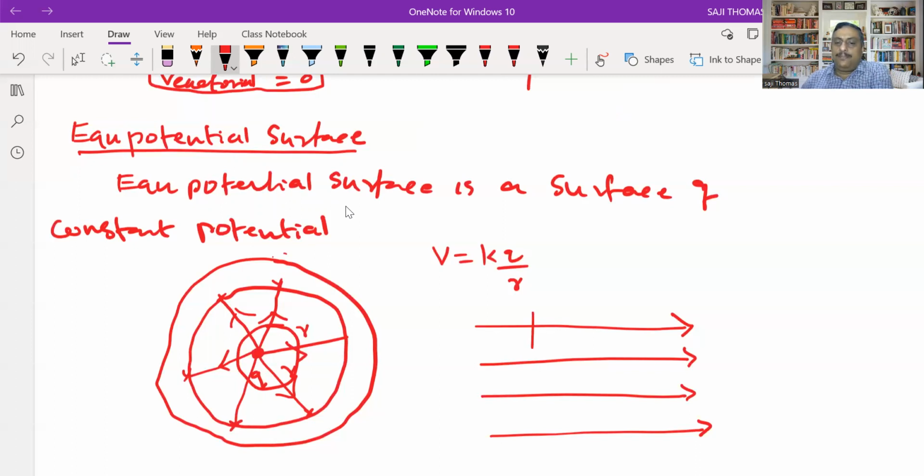If you take a plane like this, all points on this plane will be at equal potential. At this point, this point, everywhere the potential is the same.